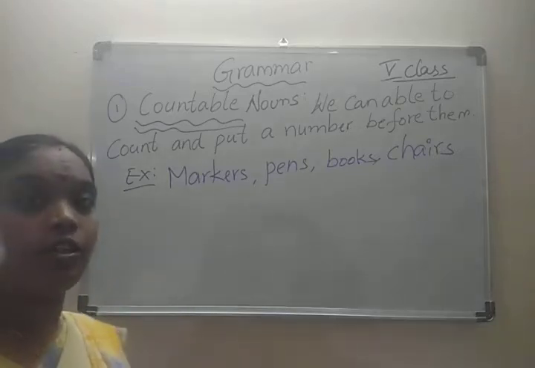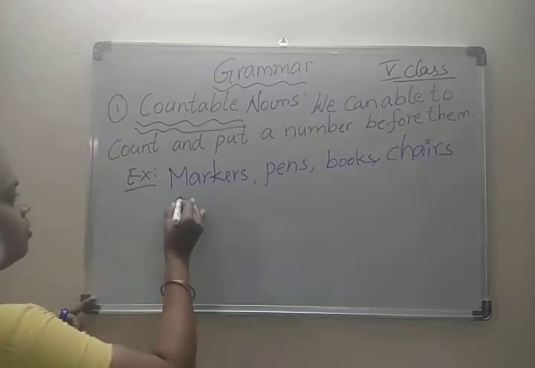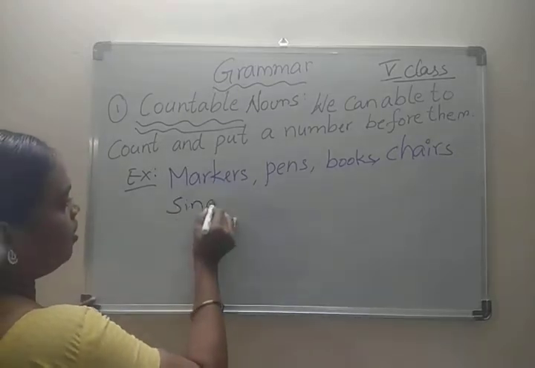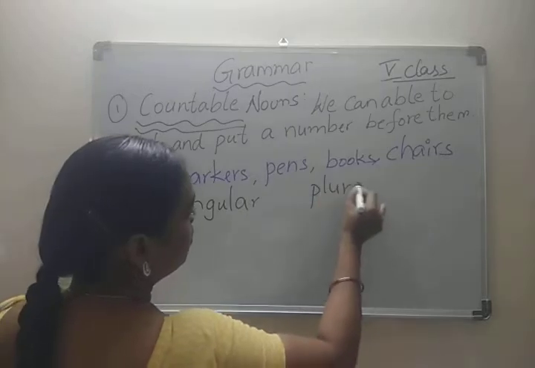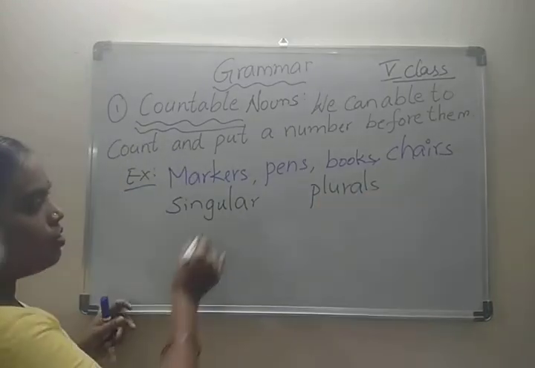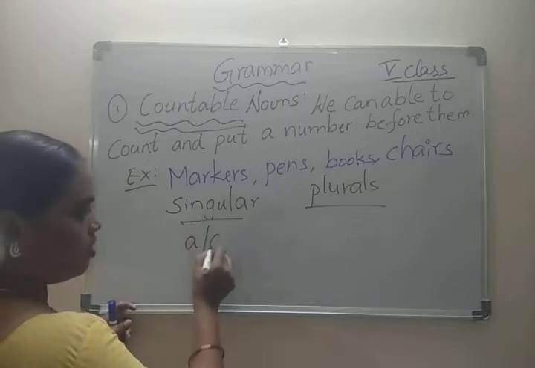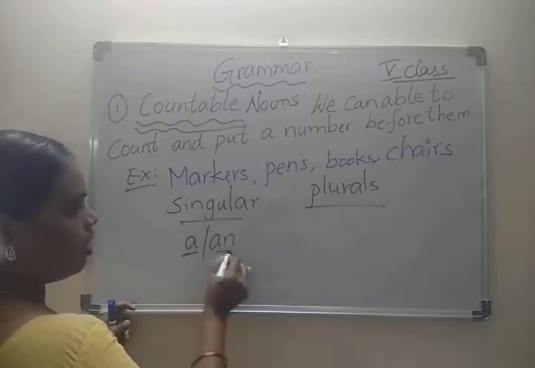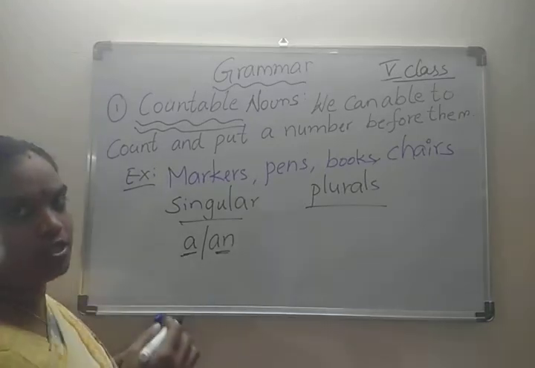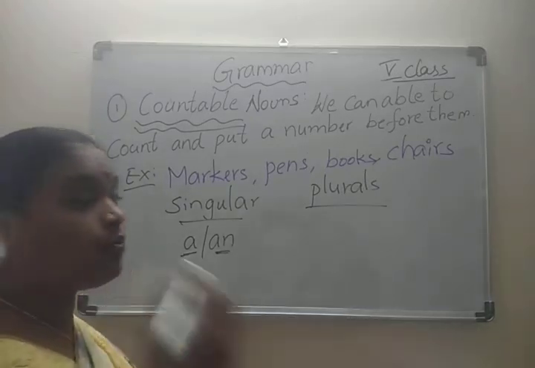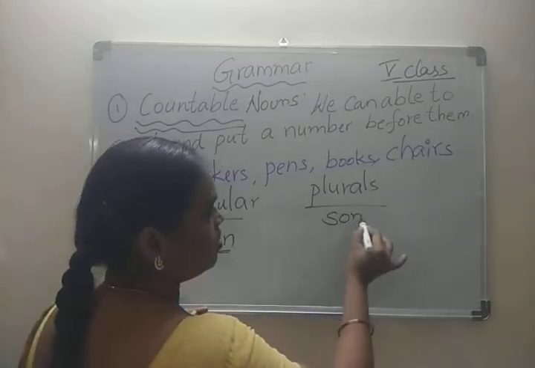But when we are talking about plural, we can use some before them. So before any singular word we use a or an. In plurals, when we don't know the count, we can use some.